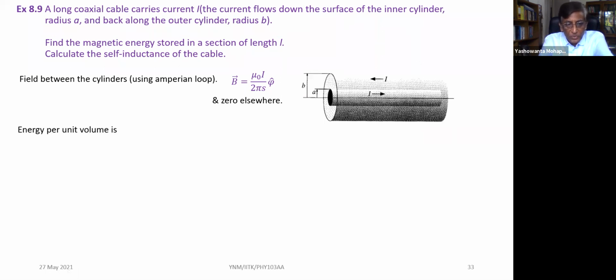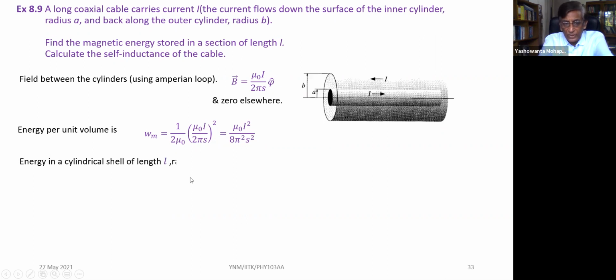So what is the energy per unit volume? The magnetic energy, small w_m per unit volume, is 1 by 2 mu naught B squared, so mu naught I squared over 8 pi squared s squared, since I know B. Now the energy in a cylindrical shell of length L, radius s and thickness ds.